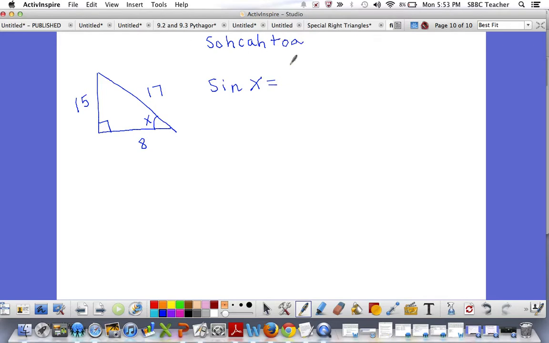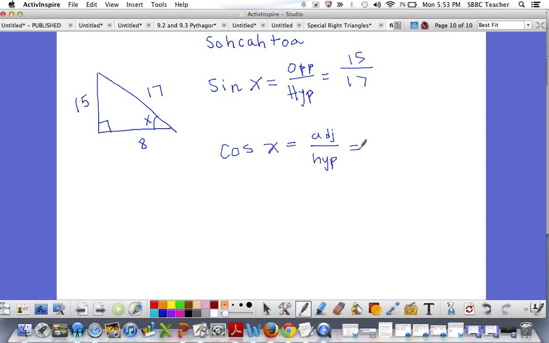Sine is opposite over hypotenuse. Opposite x is 15 and the hypotenuse is 17. So the sine of x is 15 over 17. The cosine of x, CAH, is adjacent over hypotenuse.